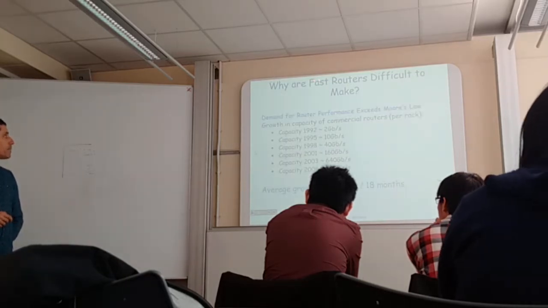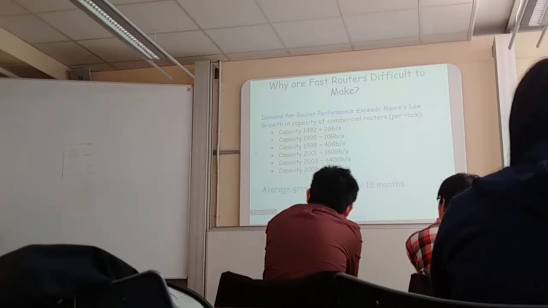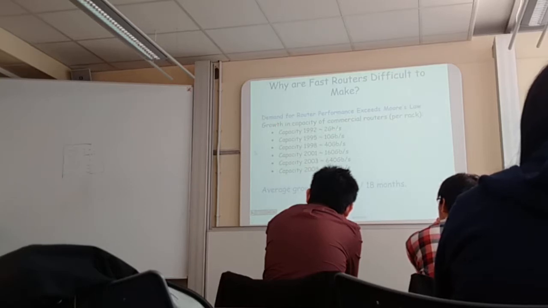Okay. What else? This slide is trying to give an indication of, roughly speaking, 20 years of evolution in the routing industry, and it talks about router performance, the growth since '92 all the way to 2008, and this is a typical router capacity per rack. Okay.